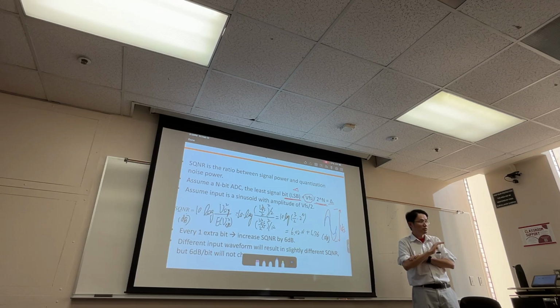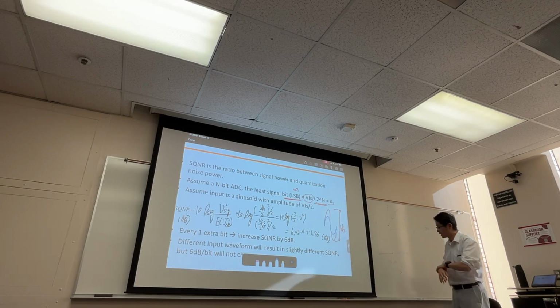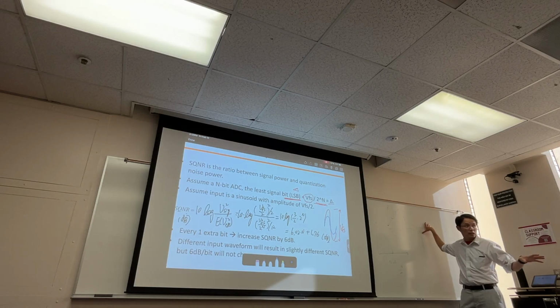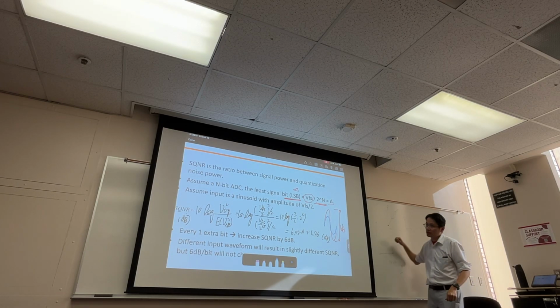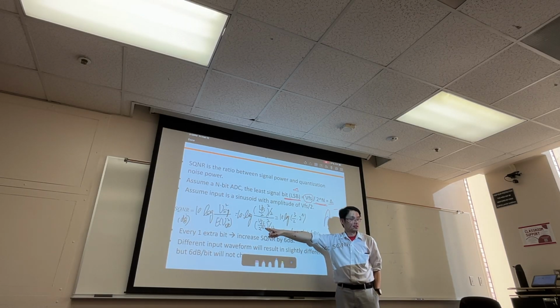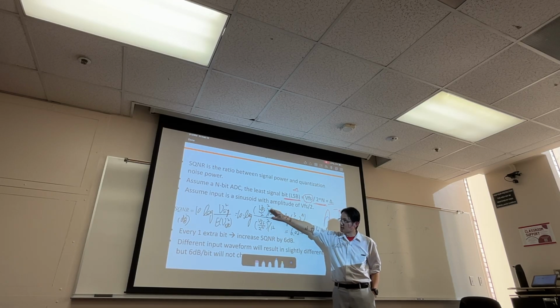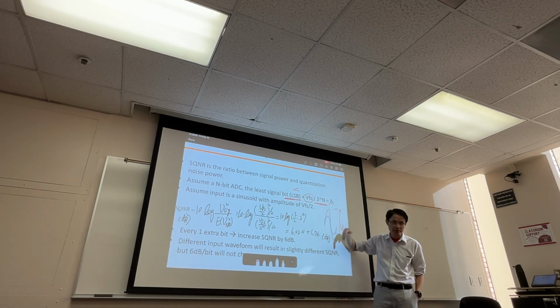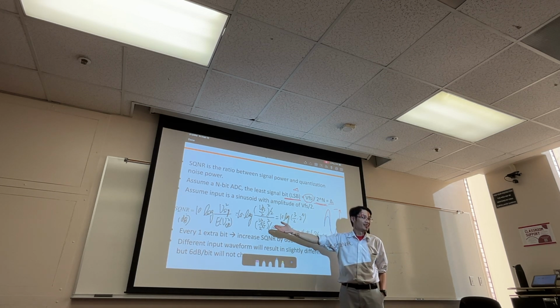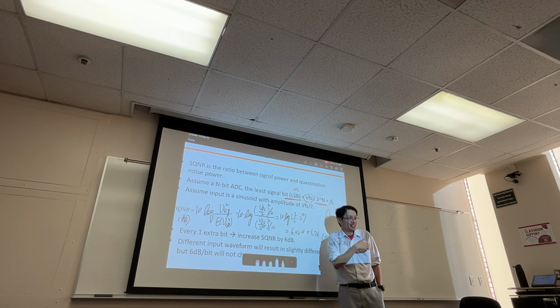I still stay with what I told you before. If one day one of you or a couple of you figure out a super duper ADC, you probably don't need an amplifier. Why? You see, your N becomes very large, right? So even though yes, when you reduce this, you're gonna lose 6 dB or whatever, because your noise floor is so small to begin with, you still can receive the signal.